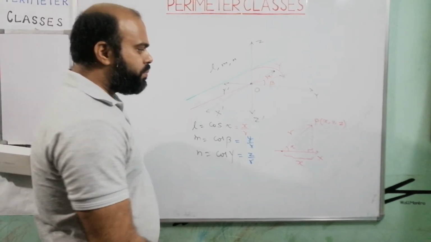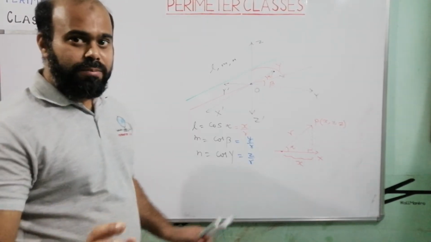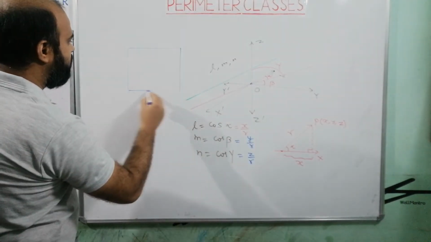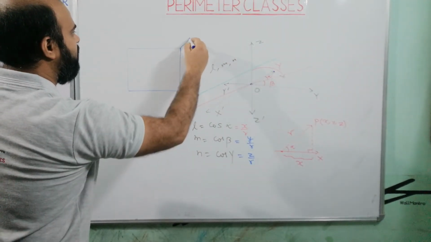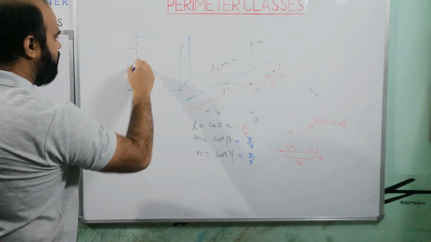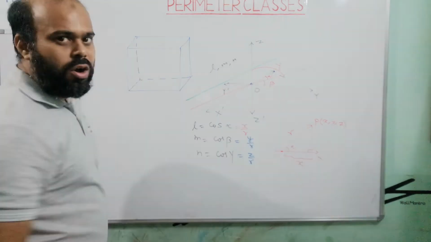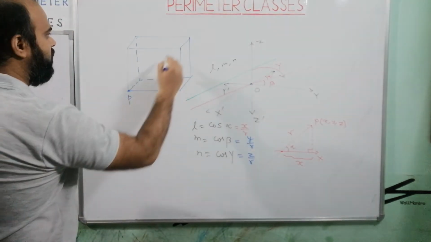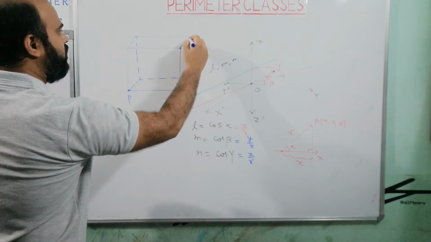Now, just as I took the example of a cuboid, if you remember, let me draw it again. This is a cuboid which we have been given, and if we take two diagonally opposite points, I am taking a point P here and a point Q here.